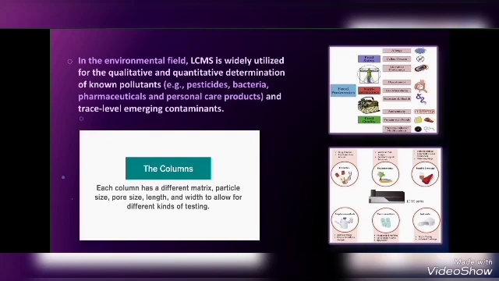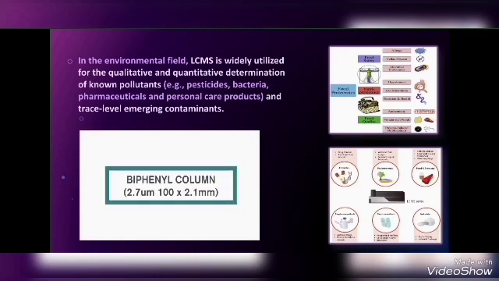Each column has a different matrix, particle size, pore size, length, and width to allow for different kinds of testing. For pesticides, we use a biphenyl column. This column is perfect to separate pesticides.